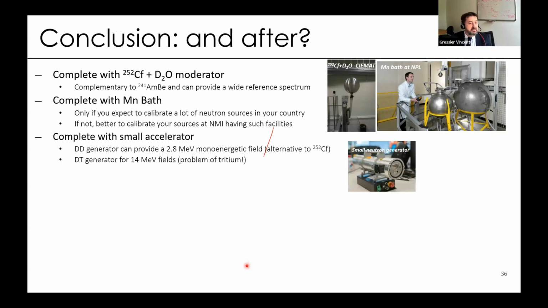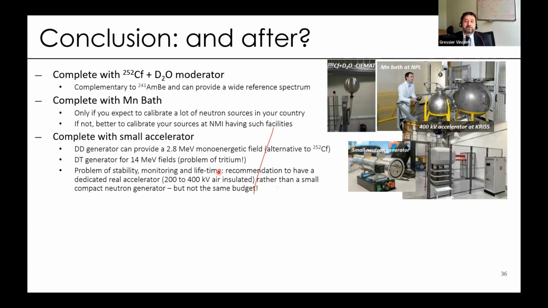And you can complete what you have with a small accelerator. Small neutron generators can be very compact. If you have a DD generator, you can provide 3 MeV monoenergetic fields, which is an alternative to the californium. And if you use a tritium, so a DT generator, you can provide 14 MeV fields, but you will have to deal with the problem of tritium.